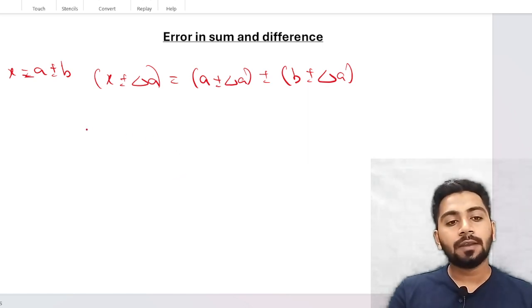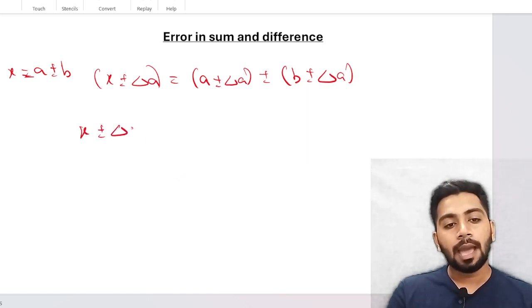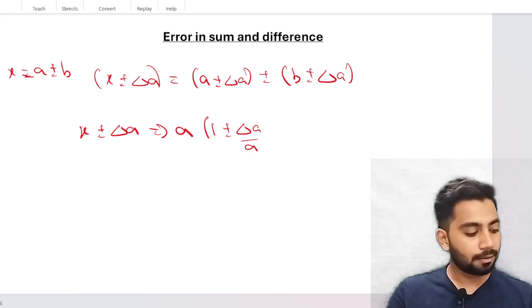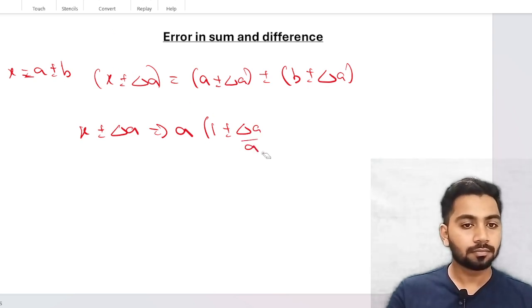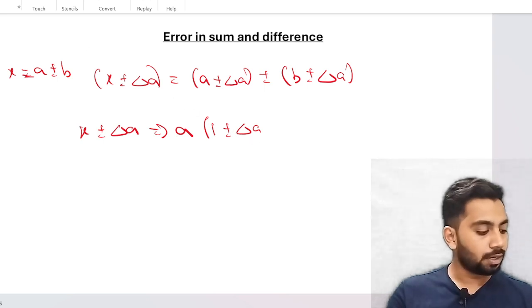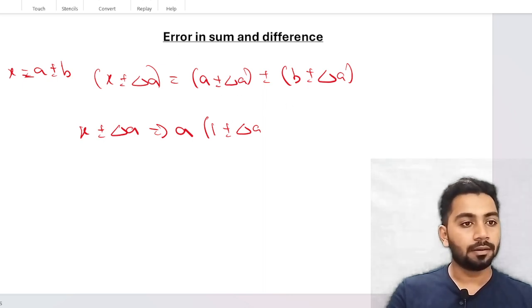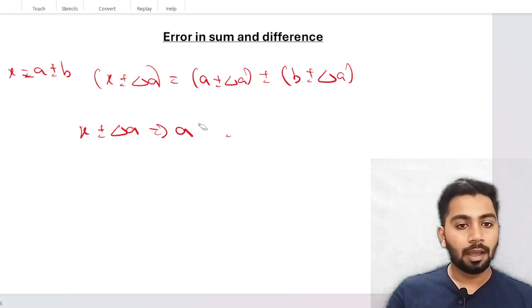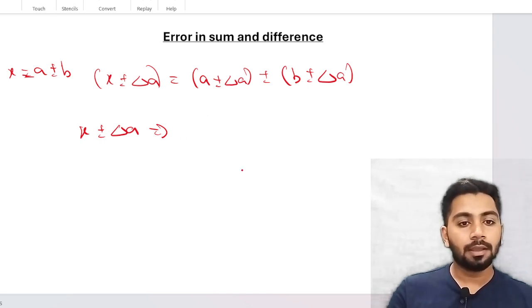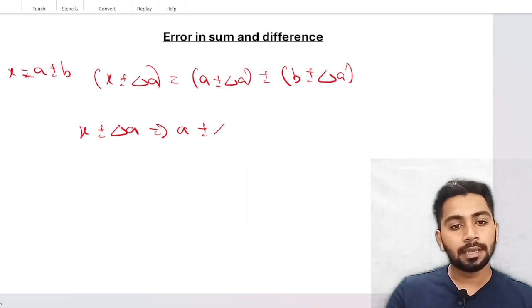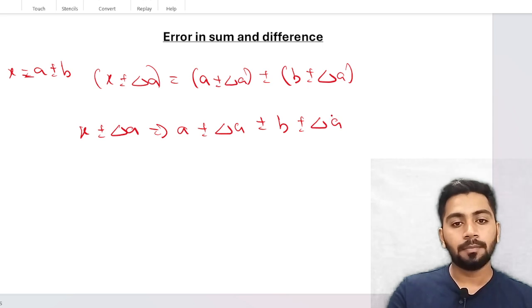Okay, now I will write your first term as it is. Now in this I will remove a plus or minus of a divided by a. Once again. One minute. What's happening here? Wait. Okay, now I understand. Now I will write it like this: plus or minus b, plus or minus error of b. Sorry, this one is b.